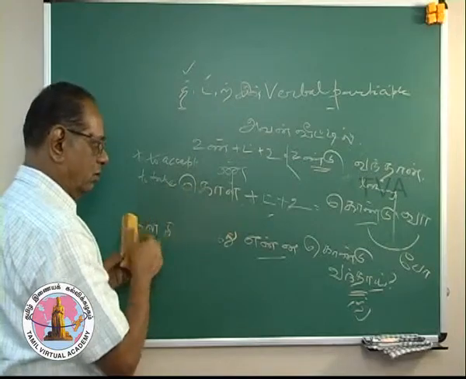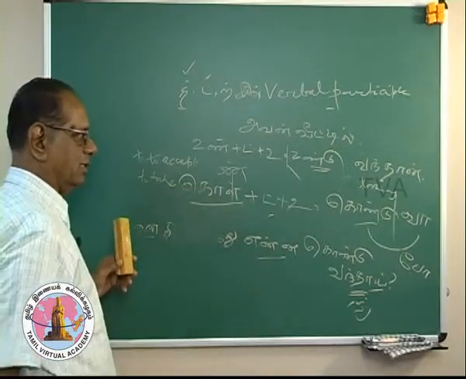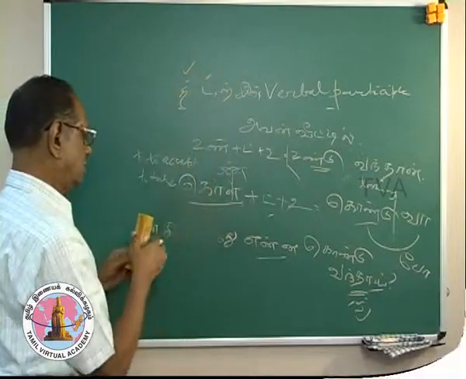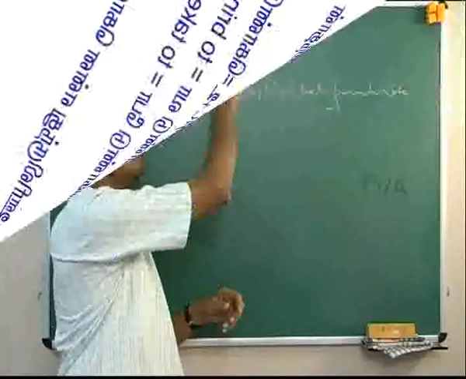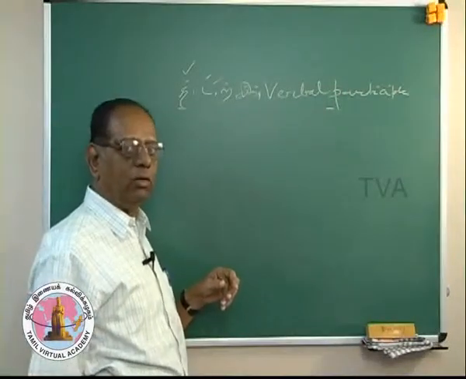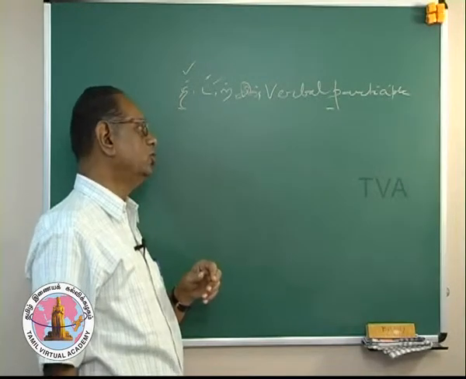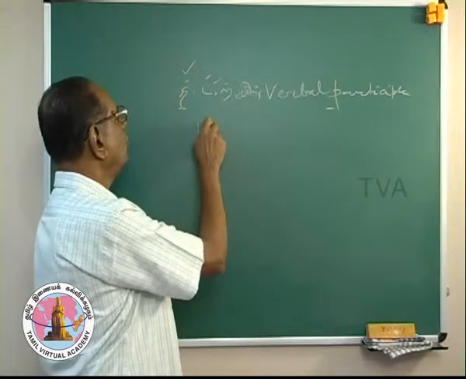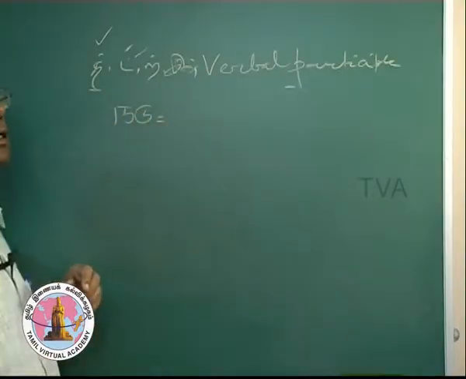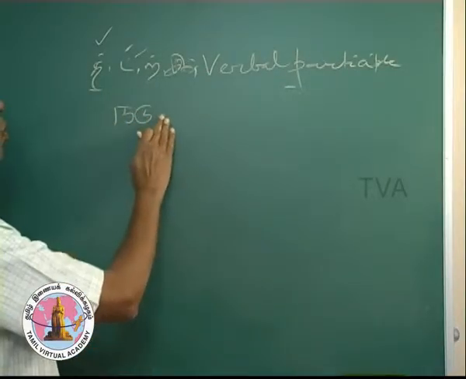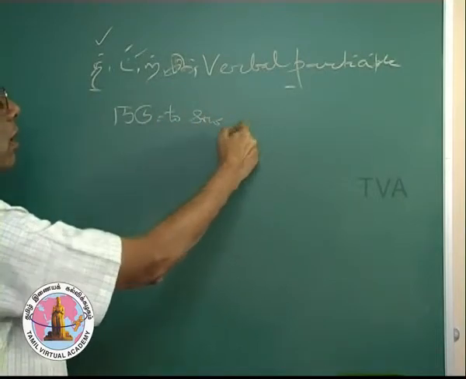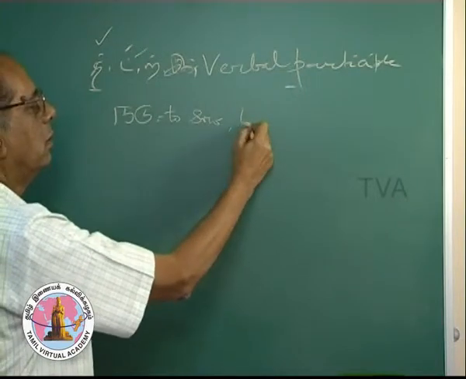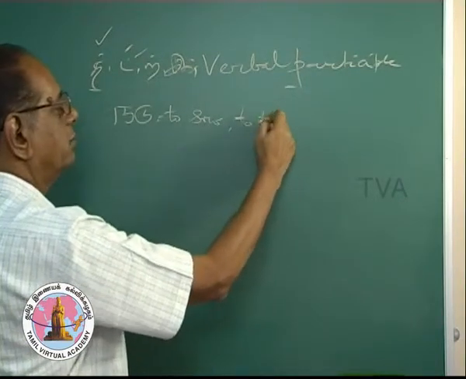So this kol is another verb which accepts it in the past tense, but undergoes some change. One is nadu, to sow, or to plant.